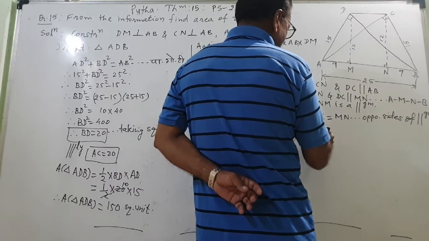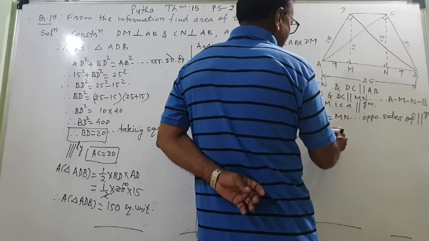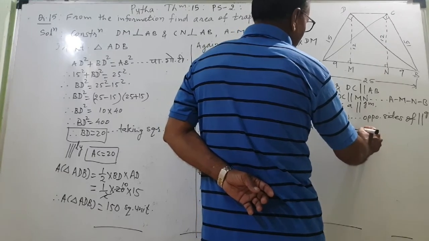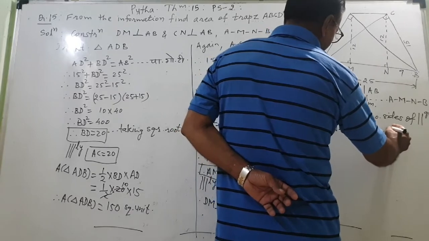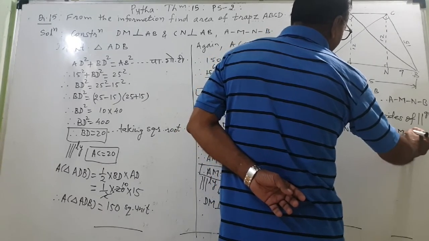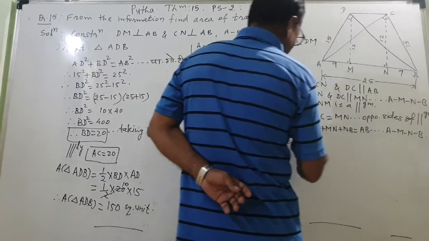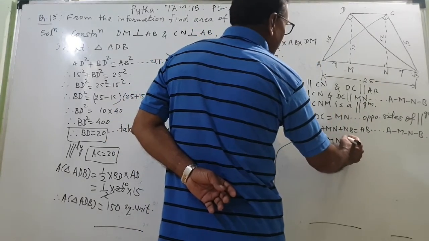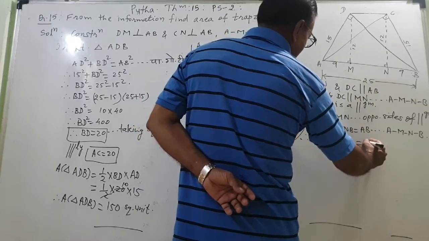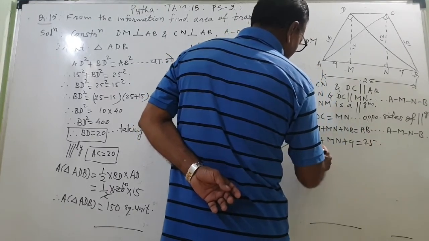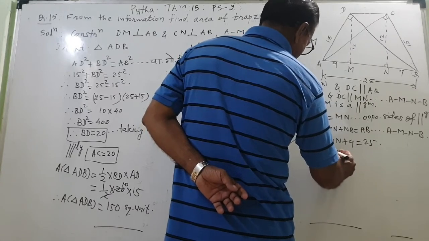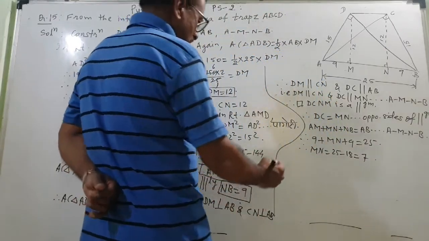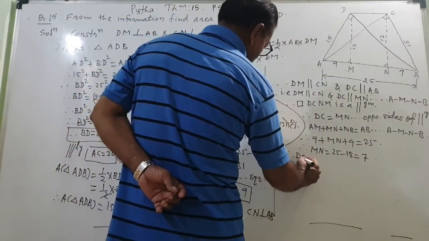AM plus MN plus NB is equal to AB. Reason is A dash, M dash, N dash, B. Therefore, AM is 9 plus MN plus NB is 9 and this AB is 25. Therefore, MN equal to 25 minus 18 and that is equal to 7. Therefore, DC equal to 7.